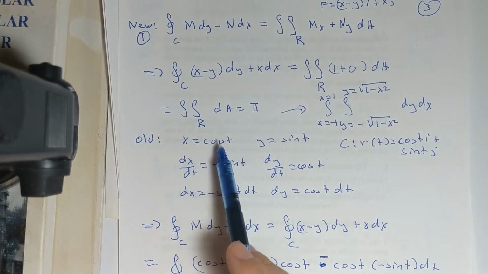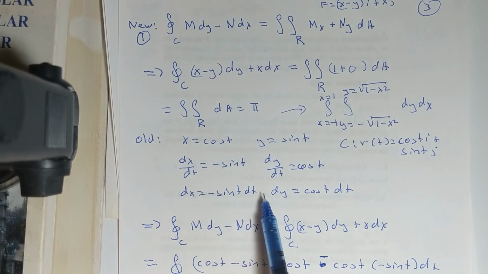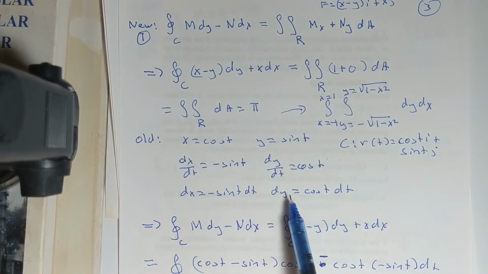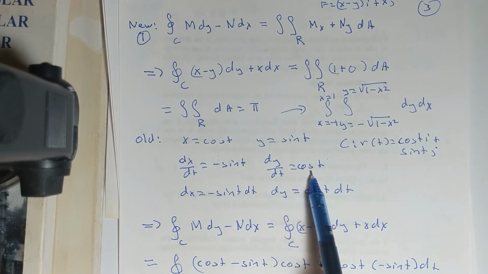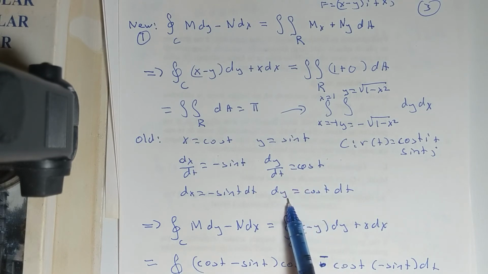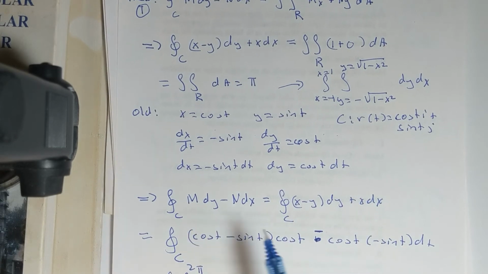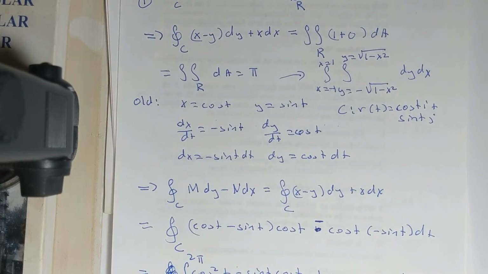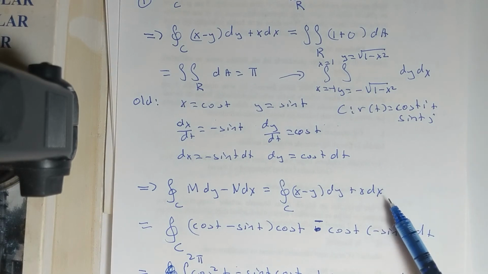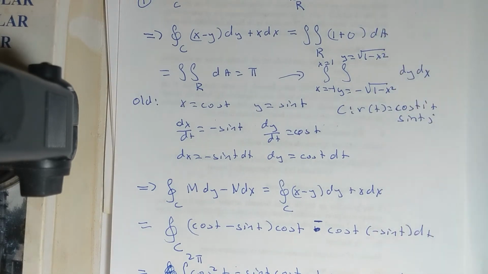So dx is going to be minus sine t dt, and dy would be cosine t dt. Again, if we look at the integral of M dy minus N dx over this loop, we have x minus y dy plus x dx. That's what I get from the field.